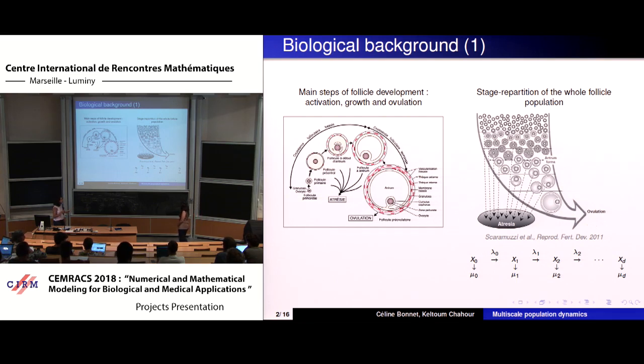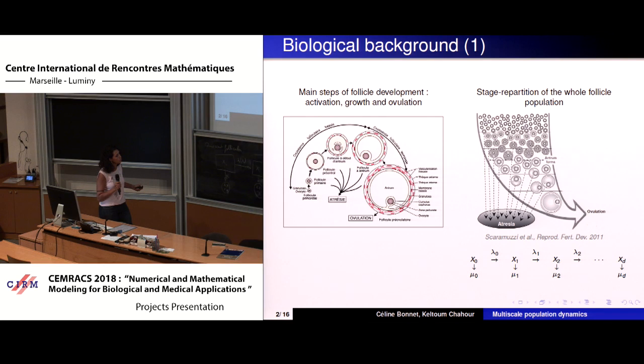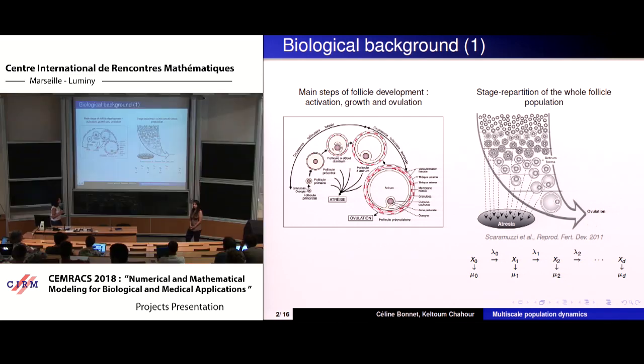We can also identify the set of parameters that influence the dynamics of this process. Here we are interested in two sets of parameters: lambda, the maturity rate, and mu, the death rate of follicles in each compartment. The compartments represent different maturity stages of the follicle.